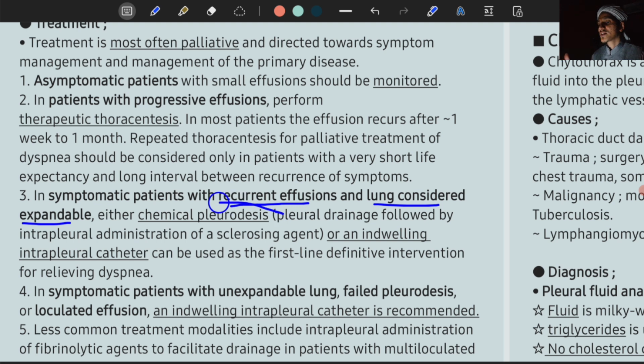Pleurodesis is nothing but obliterating the pleural space by some chemical agent, and you glue both visceral and parietal pleura. Okay, that is called chemical pleurodesis. This is one option. Second option is you keep an indwelling intrapleural catheter, so that if there is recurrence, the pleural fluid drains through that. So the preferred one is pleurodesis when the lungs are considered expandable.